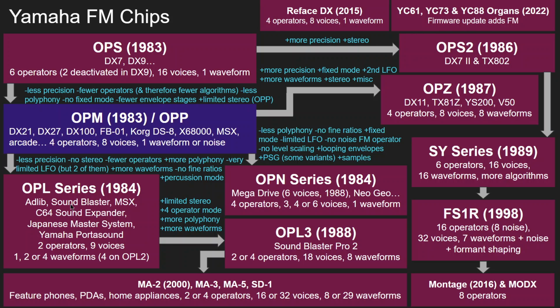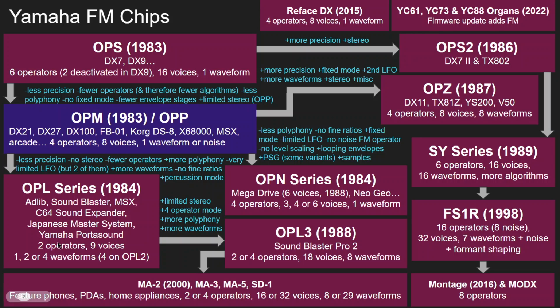So OPL, which was in the AdLib and Sound Blaster cards for PCs. You're probably familiar with the sound of what's called OPL2, which was the standard early 90s PC sound card sound. And it was in various other computer systems and synthesizers. So even less precision on these.